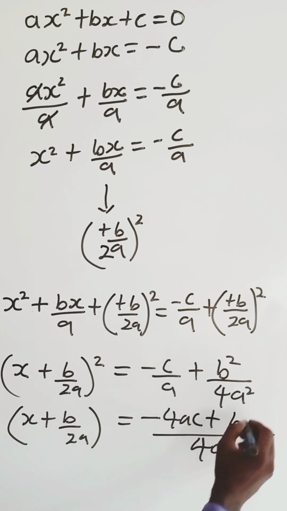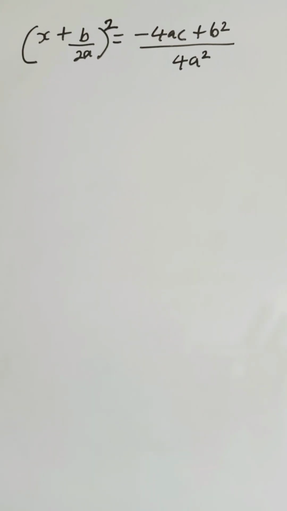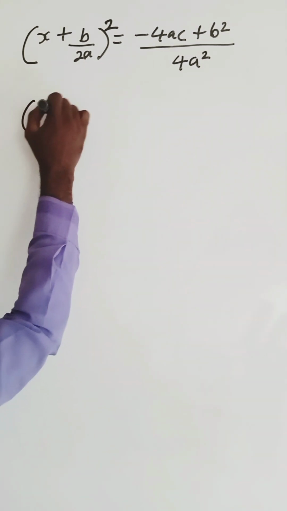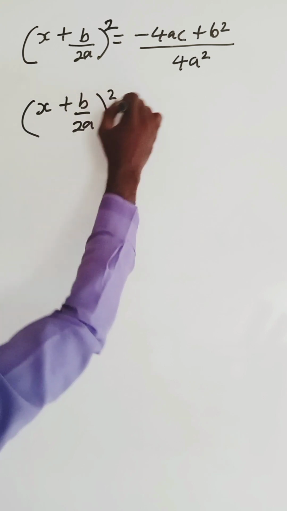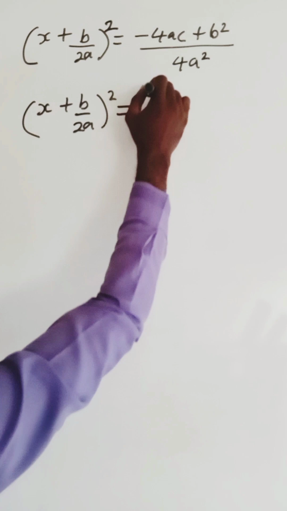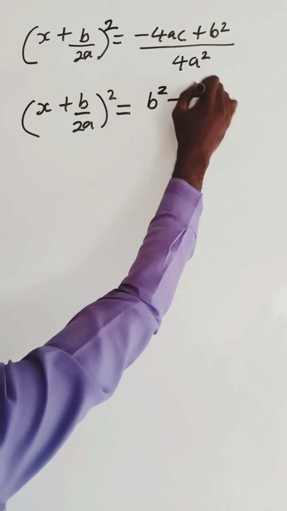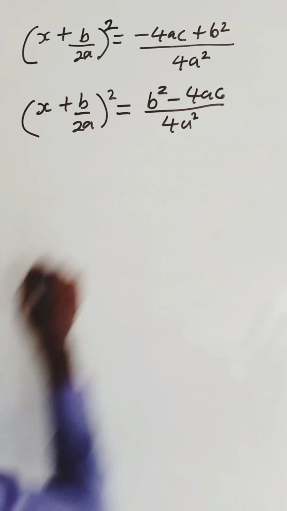So what we have here is what? B squared. We write this expression as x plus b all over 2a all squared equals, then we arrange the numerator. Now it becomes b squared minus 4ac all over 4a squared.